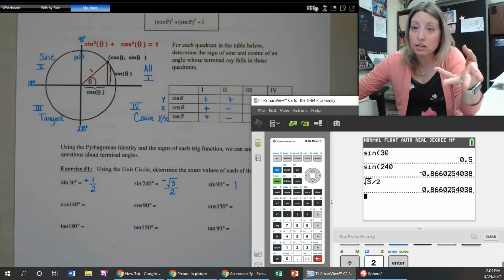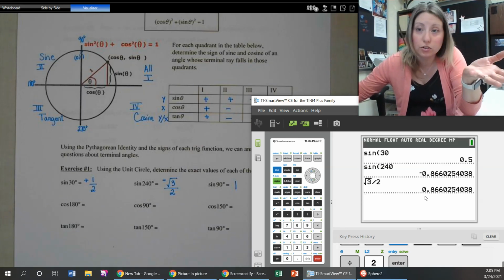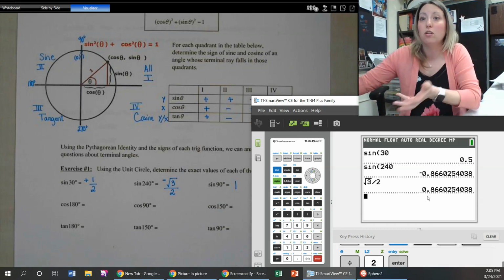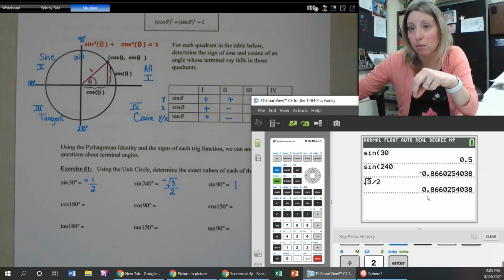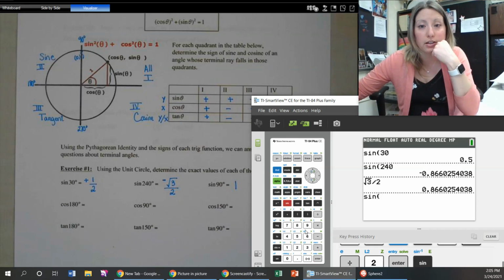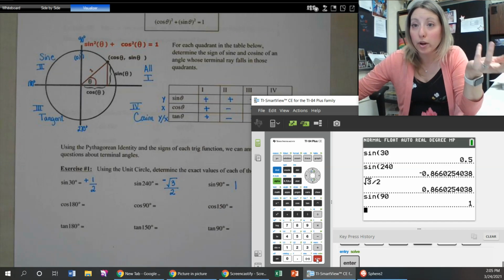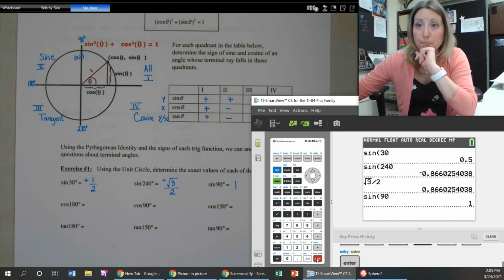When we're asked for exact values, we need to use the radical terms instead of the decimal terms, obviously. These are decimal equivalents, rational approximations of our actual irrational numbers. So for exact values, the radical needs to be involved. And then, of course, sine of 90 is going to be 1, as we know, because that's one of the main 4 points around our unit circle on the outside.